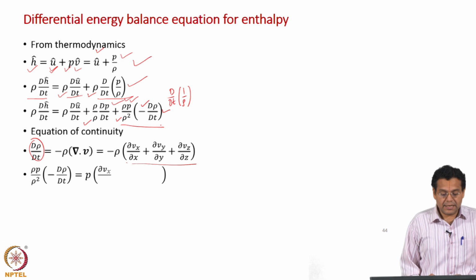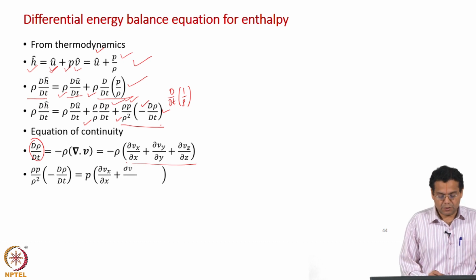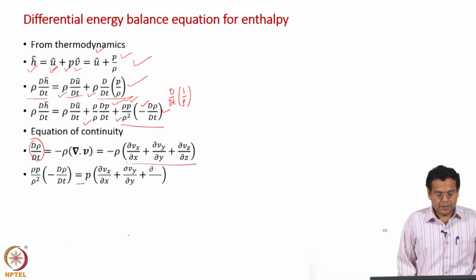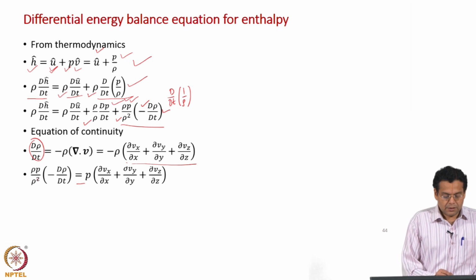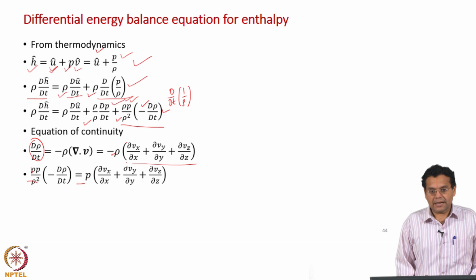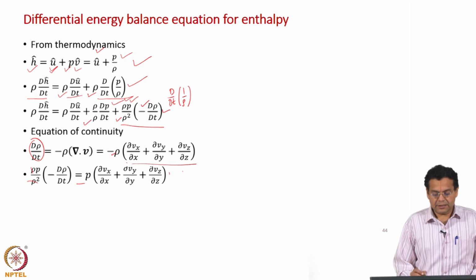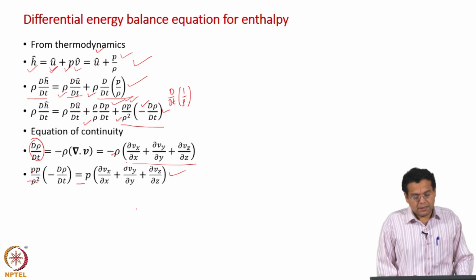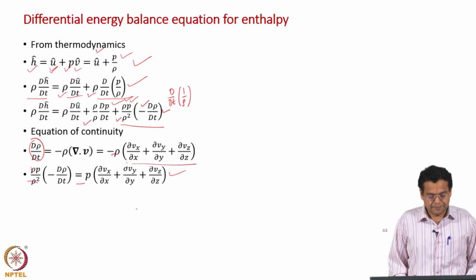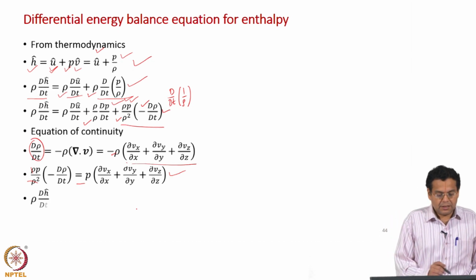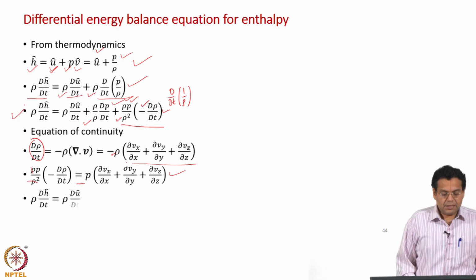So, we got minus d rho by dt. So, we get a plus here, and rho squared and rho they all cancel, leaving us with P into the sum of all the three gradients of velocity.